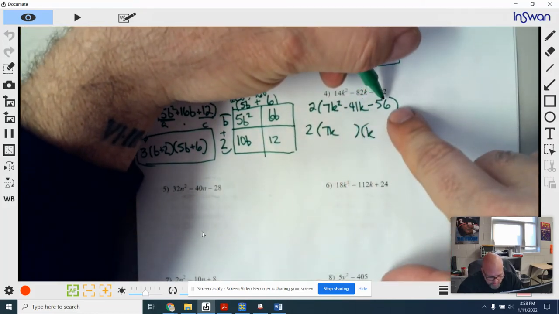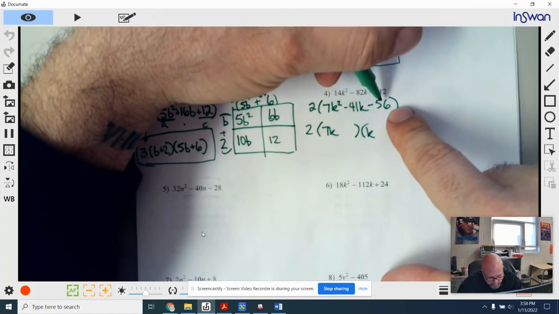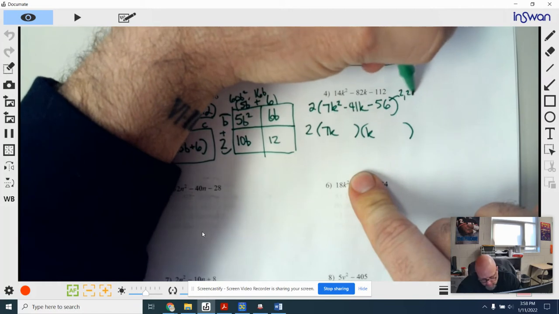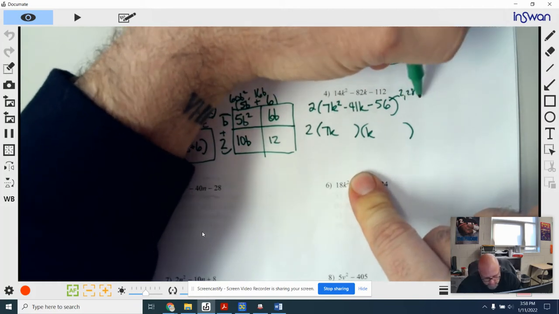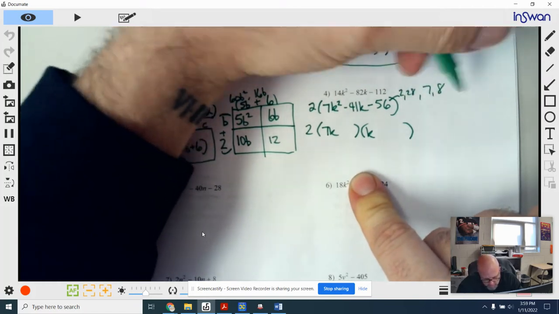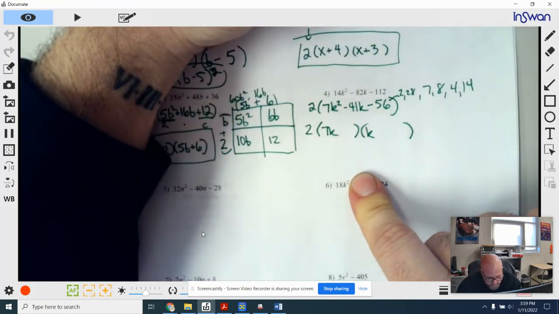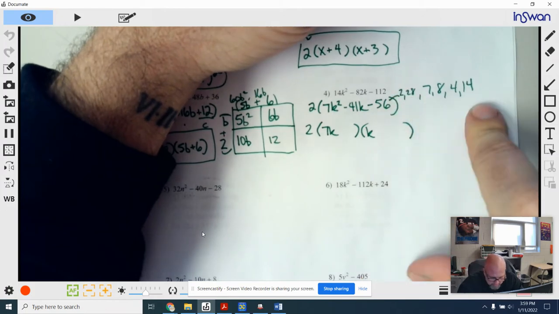All right, and then what's going to be possible options here is this negative 56. You know, think of all the options for 56. 2 and 28. You know, you got 7 and 8, obviously. 4 and 14. I'm trying to think if there's any others I missed there.